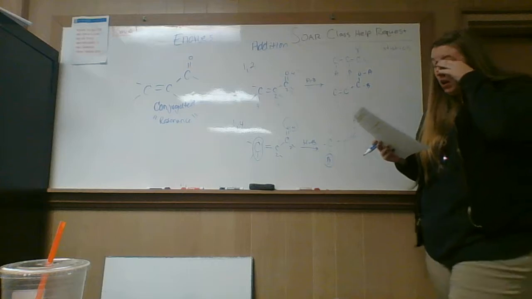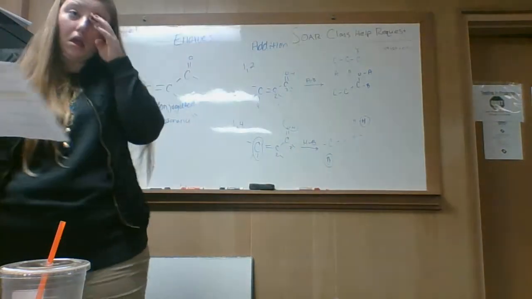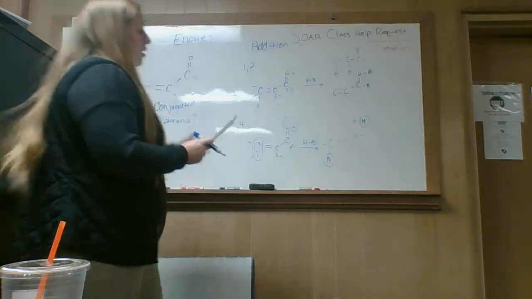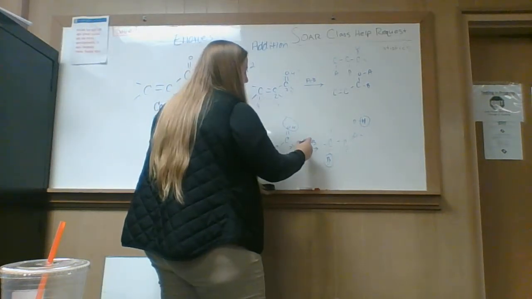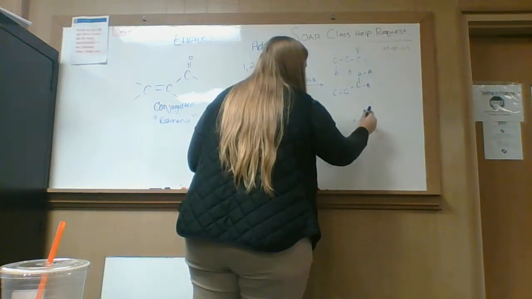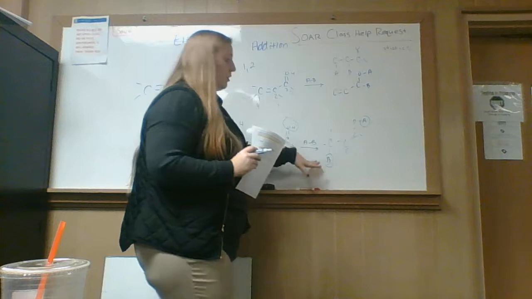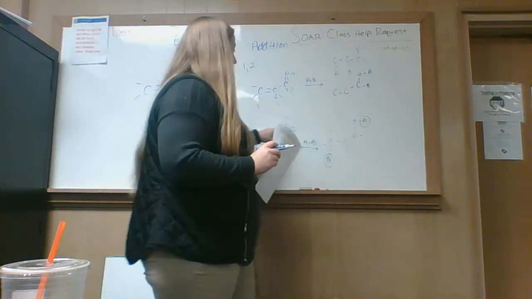And why is it only happening at the first carbon and not the second carbon for the double bond? So, sorry, are you talking about the addition here? Mm-hmm. So for some reason she wrote HB. I'll just do AB just for simplicity. So addition to the first carbon and addition to the oxygen.